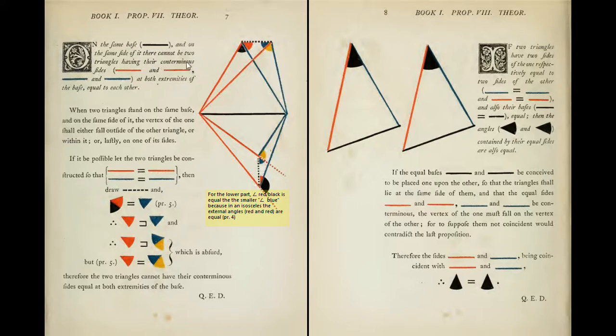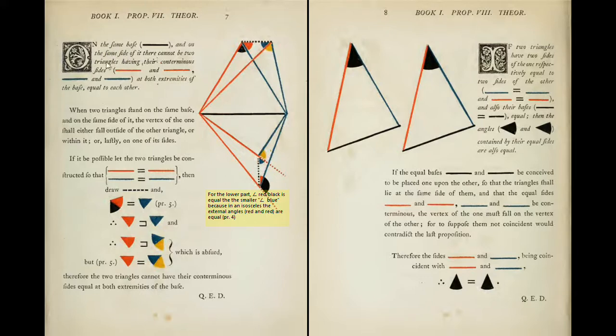Having their sides that terminate together, so co-terminating sides, red and red, and blue, at both extremities of the base being equal to each other. Okay. Now, what is being said to be equal to each other? The lines or the triangles?